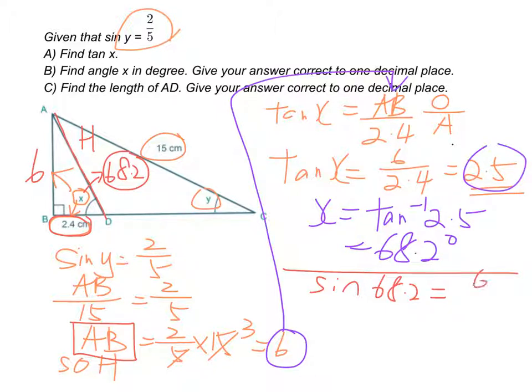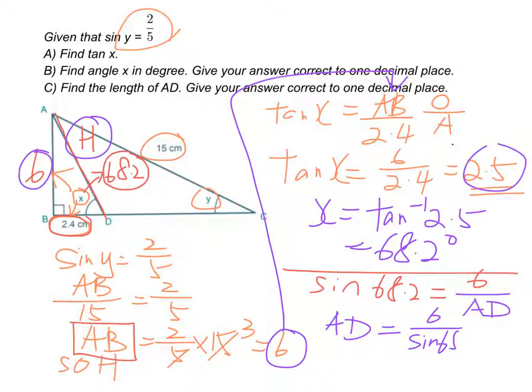Opposite is 6 here, and hypotenuse is this one, AD, which we want to find. So over AD. So AD is equal to 6 over sine 68.2, and it is equal to 6.5 centimeters, correct to 1 decimal place.